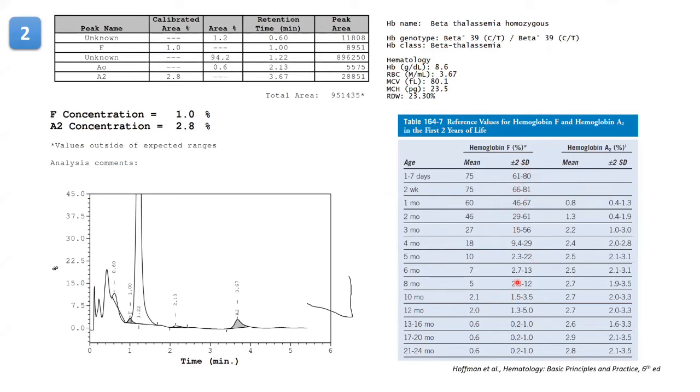So we should be aware that age is very important and transfusion history is also important. For example, if this particular child had received a transfusion recently, there would be a large adult hemoglobin peak, which will reduce the hemoglobin F percentage. So transfusion history and age are very important when you're diagnosing beta thalassemia major cases by HPLC.